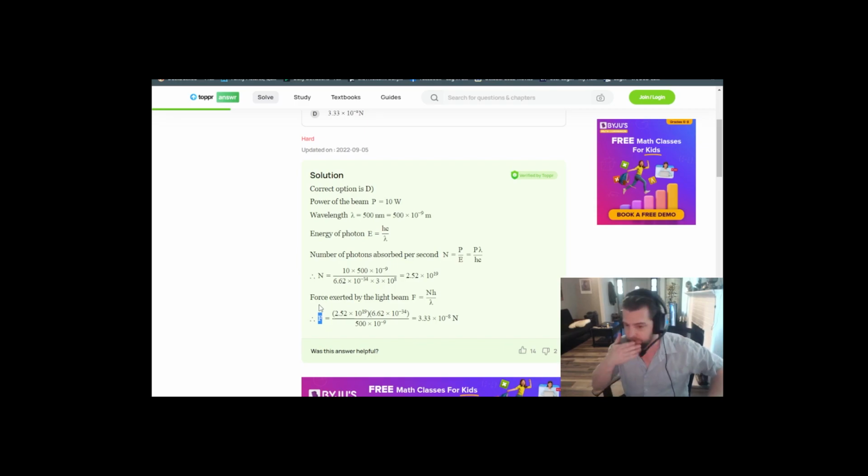But it definitely, as this number gets larger on the bottom, the force obviously is going to go down. So this number is only going to go lower and lower and lower, and that's because you're transferring less and less energy from the photons per second, because the photons are actually arriving over longer periods of a second.